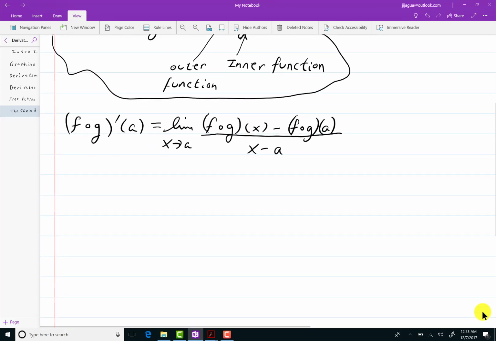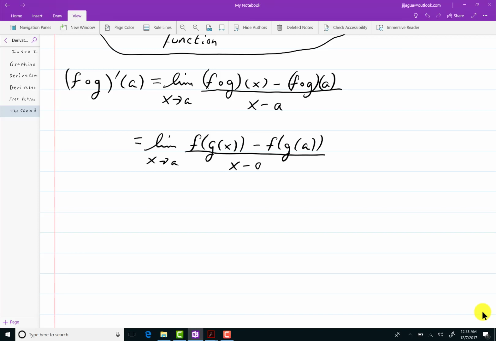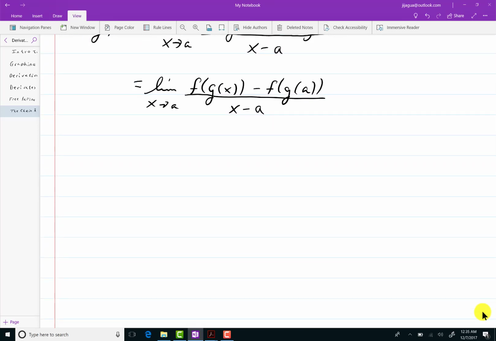Now, to make things a little more familiar, I'm going to go away from this circle notation and rewrite this as the limit as x goes to a, f of g of x minus f of g of a all over x minus a. So that's the definition.